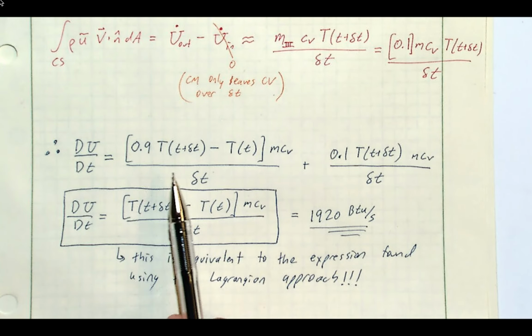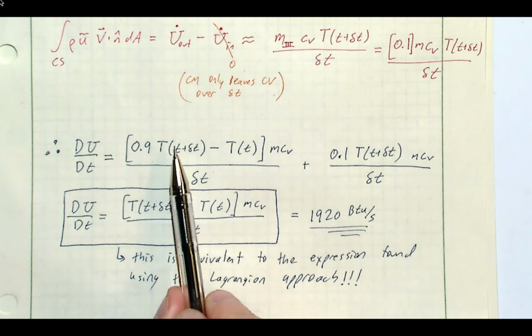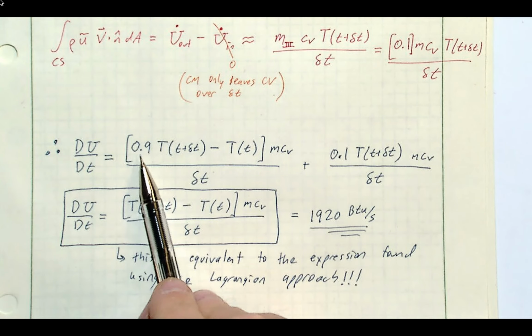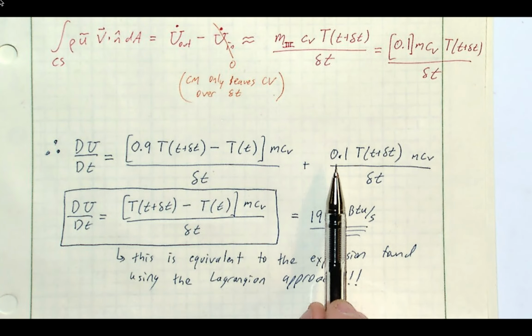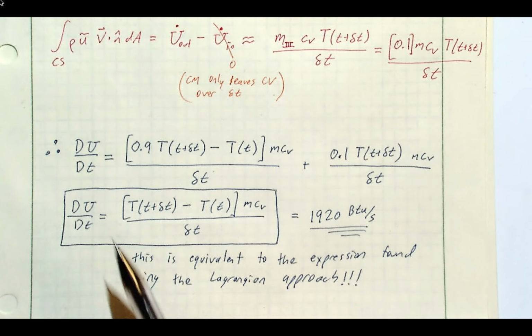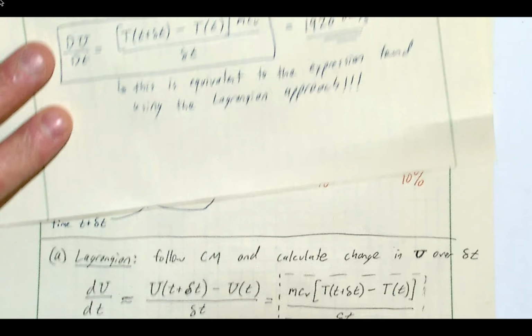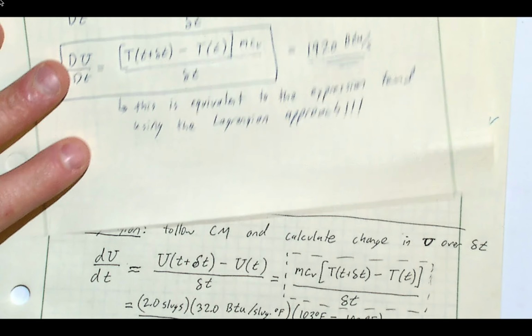And if we look here, these terms are exactly the same, except we have a 0.9 and a 0.1. Therefore, this is going to have a coefficient of exactly 1. So here we'll have just a change in temperature times m_CV delta T. And if we compare that to our Lagrangian approach, that's exactly what we have right here.